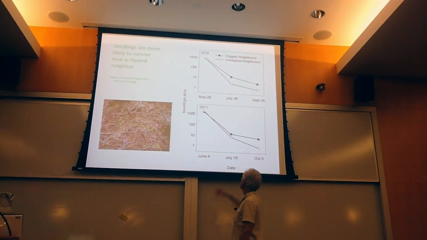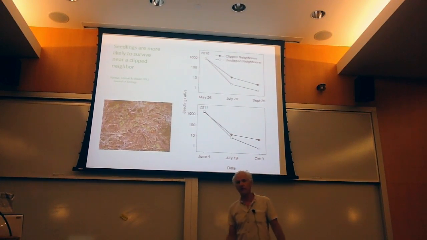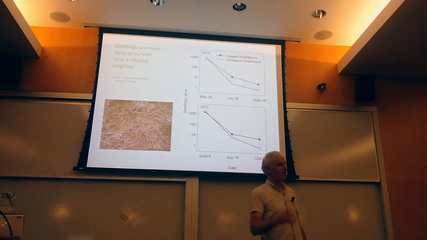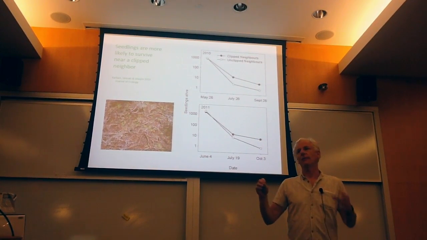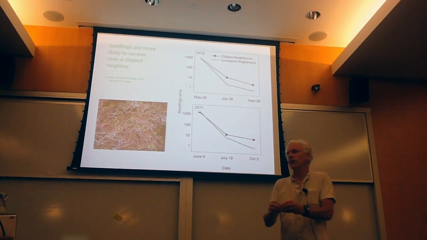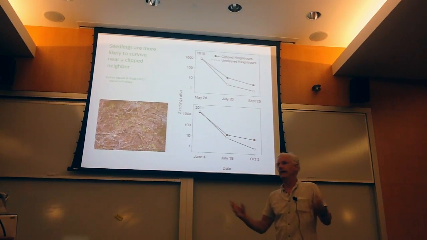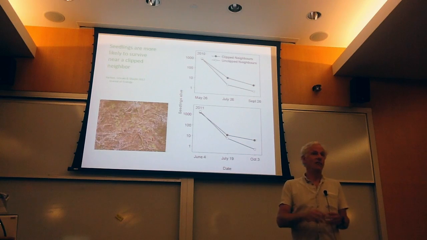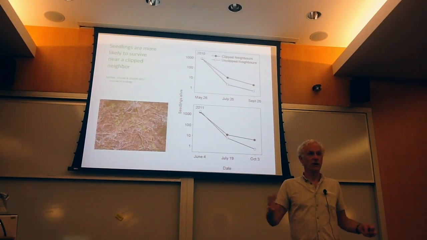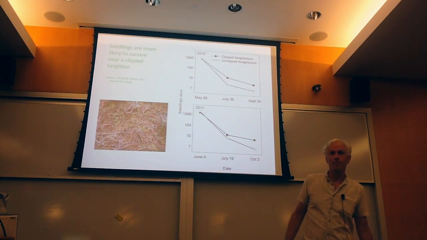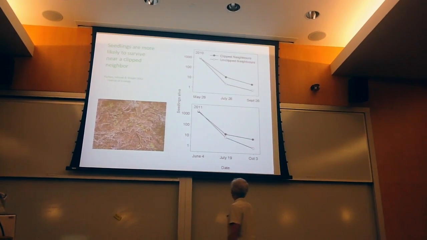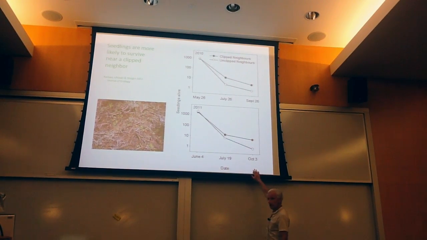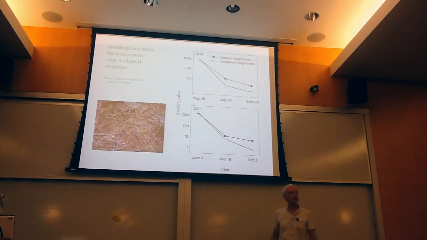So in both of these years, I started with over 1,000 seedlings. And for half of those seedlings, I clipped their neighbors, the adult neighbors that were near those seedlings. And for the other half, I didn't do anything. And then I followed what happened to those seedlings over the course of this first season until the end of the rains came in early October that year.